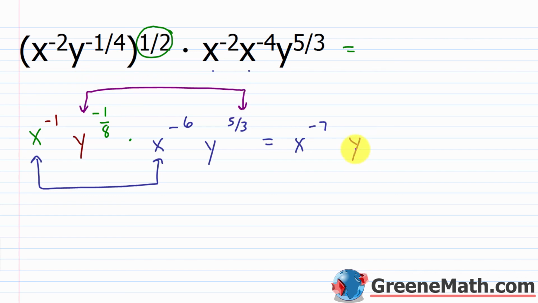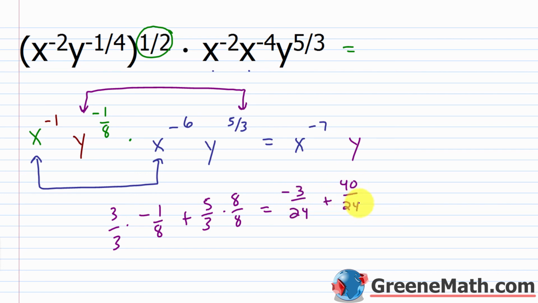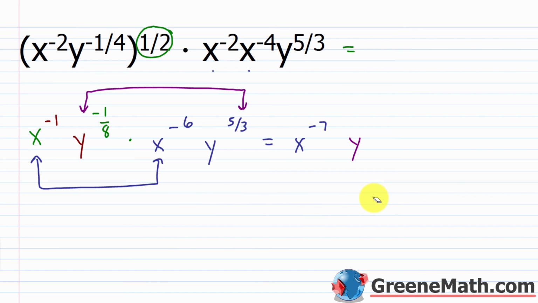So I'd have y to the power of, if I have -1/8 plus 5/3, what's that going to be equal to? Well, we've got to have a common denominator. So let me multiply this by 8/8. Let me multiply this by 3/3. I would get -3 over 24 plus 40 over 24. So this is 37 over 24.